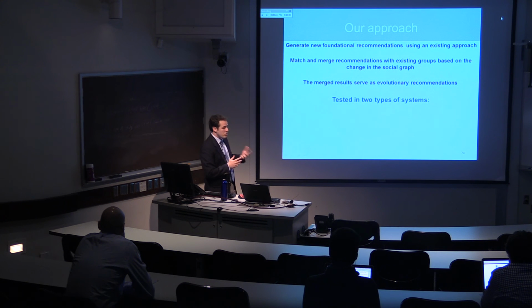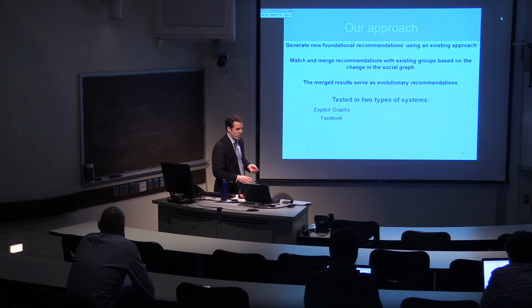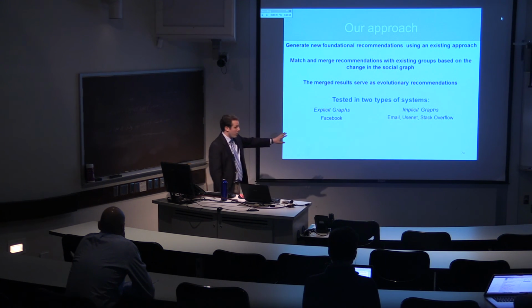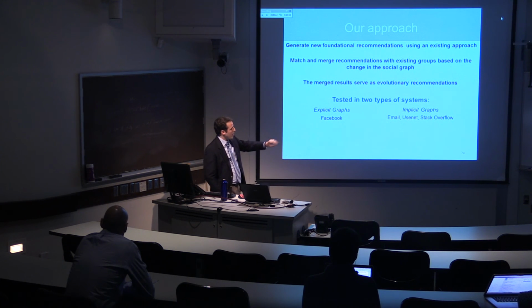And we tested these in 2 types of systems. Explicit graphs, or those based on specified relationships, and we tested in 2 Facebook data sets. And implicit graphs are those where relationships are inferred from past messages, and we tested in our previously described data sets of email, Usenet, and Stack Overflow.